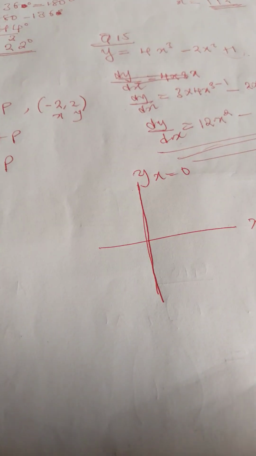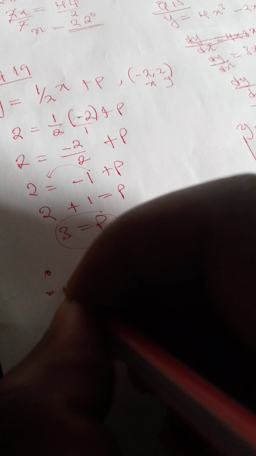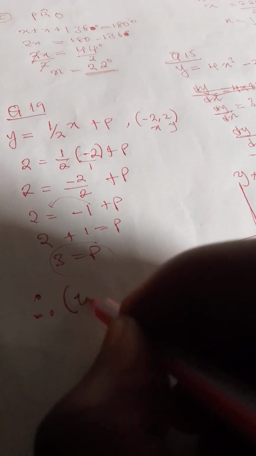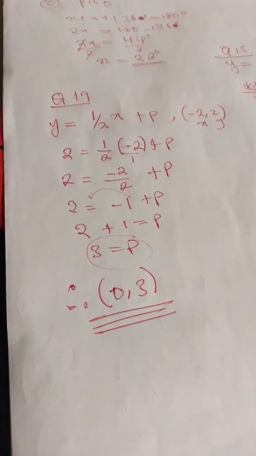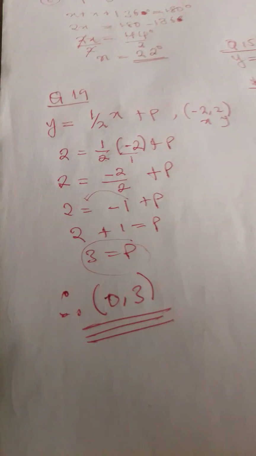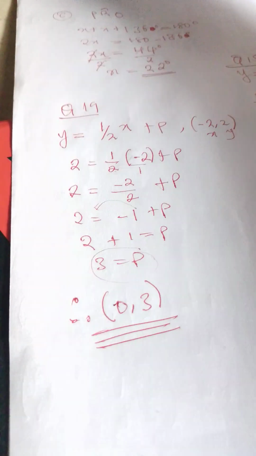Since there x is 0, no need of solving, colleagues. Therefore, the coordinates of the y-intercept is 0, 3. So this is the answer for that particular question.